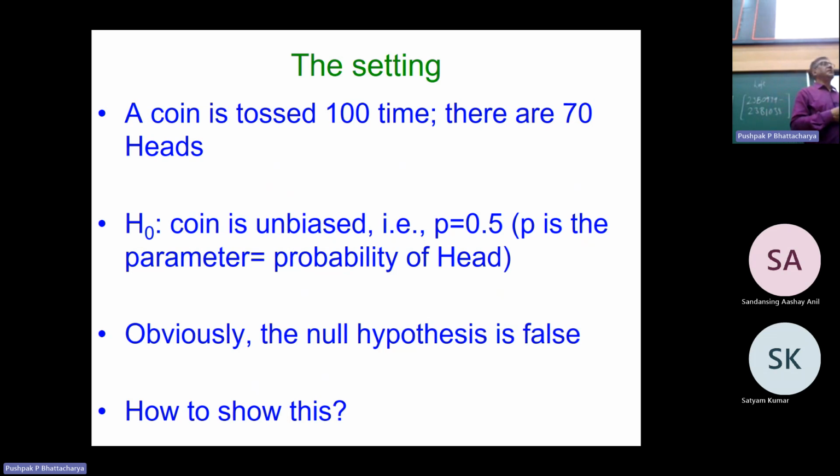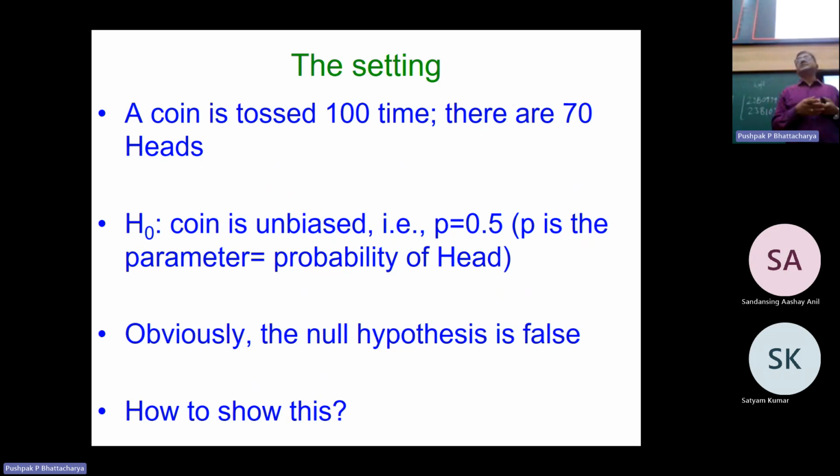Now, if you remember the methodology of hypothesis testing, the first step is H0. We fix what is called a null hypothesis. We would like to assume that the coin is unbiased. So if the coin is unbiased, then the probability of obtaining head is 0.5, and that would mean the number of heads should be close to 50.